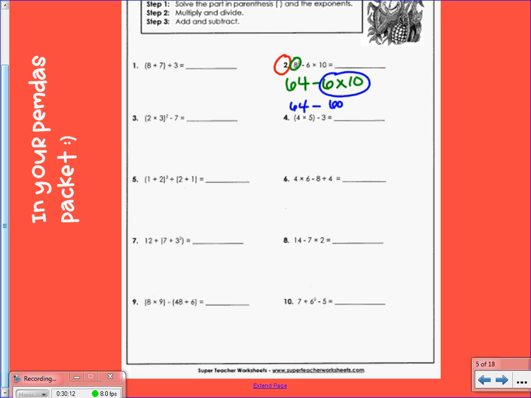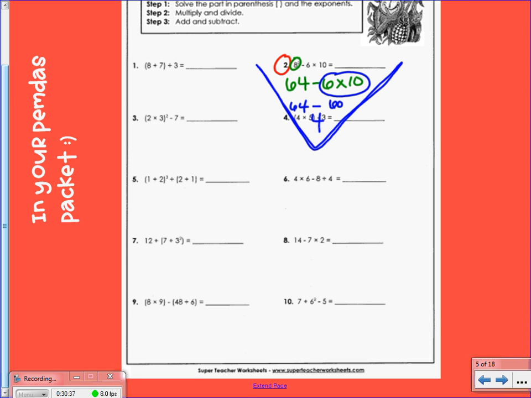I'm sorry, there's not a ton of space, I know. The next one. You only have one operation left, which is subtraction, so you have 64 minus 60. 4. And you have made your triangle of awesomeness.